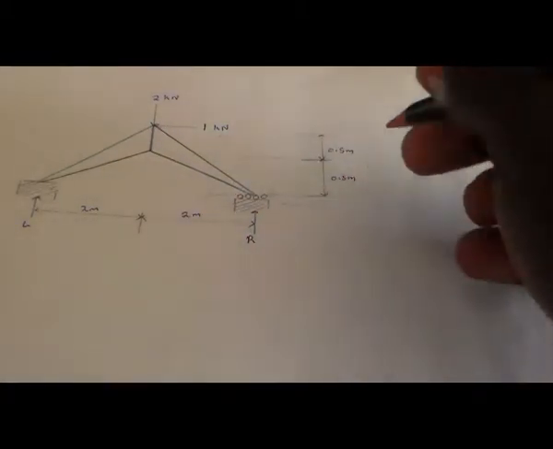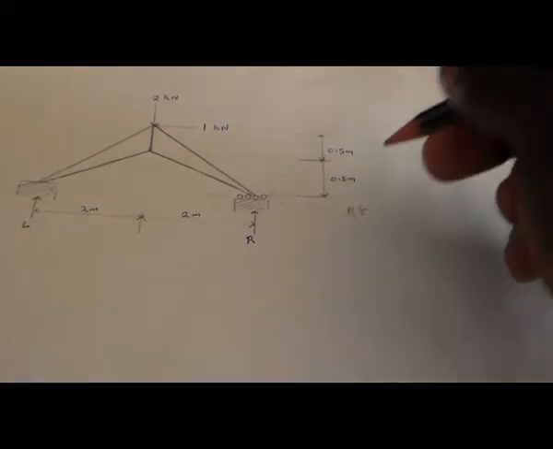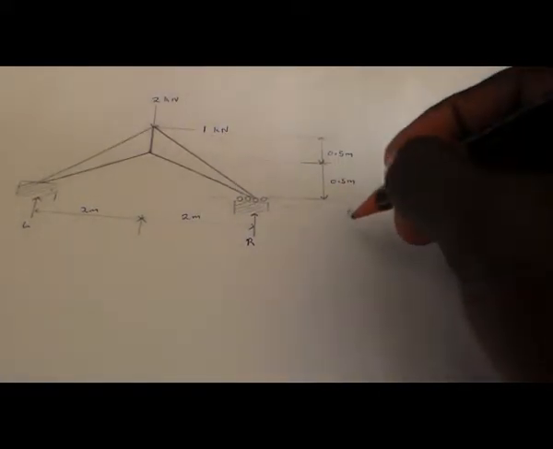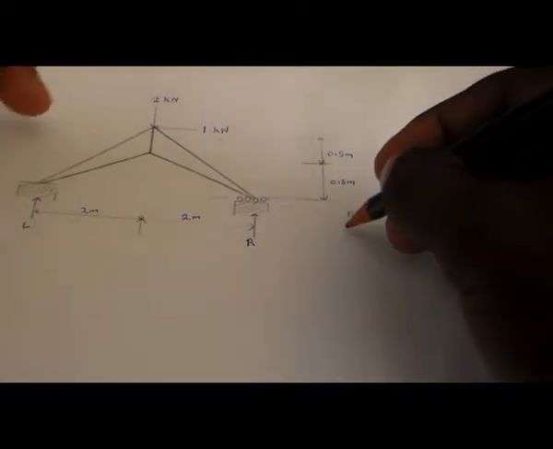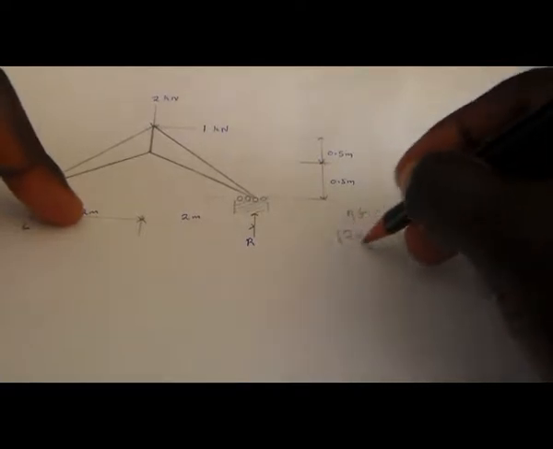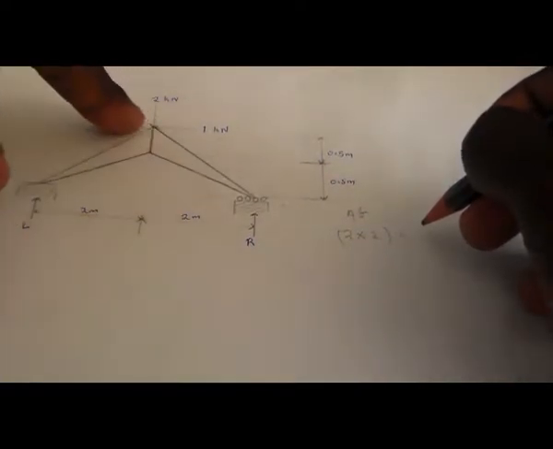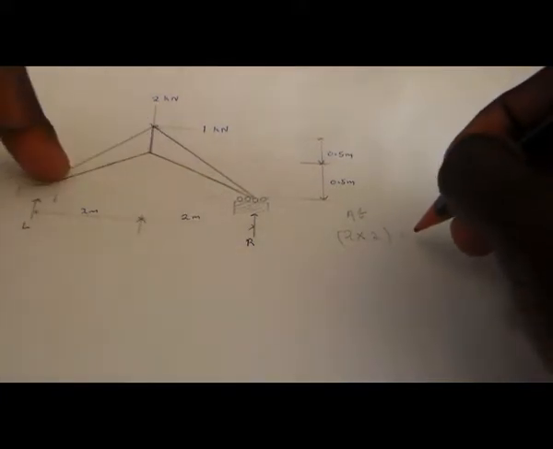Taking moments at L. If we're at L, we have clockwise forces, which is going to be 2 multiplied by 2, plus this force. This one will be anticlockwise, and this one will be anticlockwise.